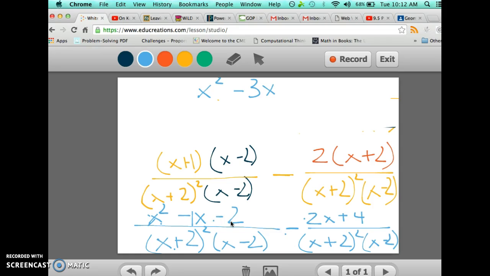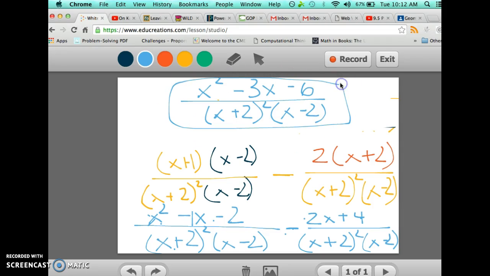And negative 2 minus 4 is negative 6. That over that same denominator. Denominator stays the same, right? Yeah, Mr. Dittmer. Good job. That should be our final answer. Check in the book. Yeah, looks good.